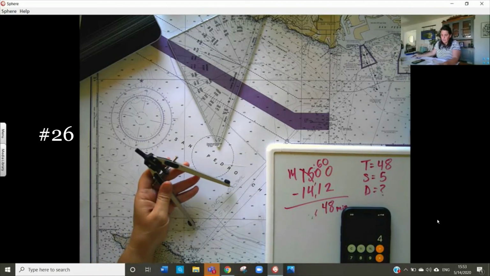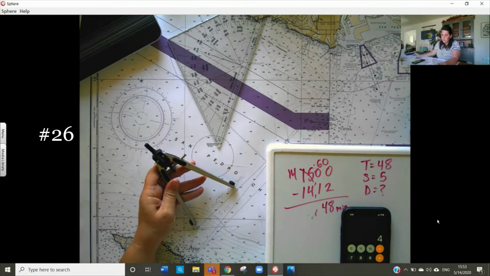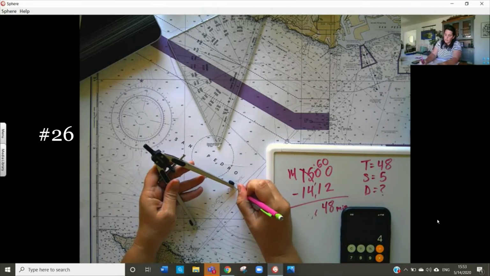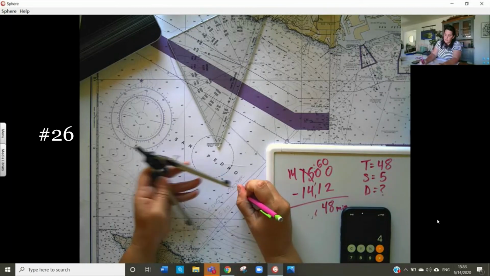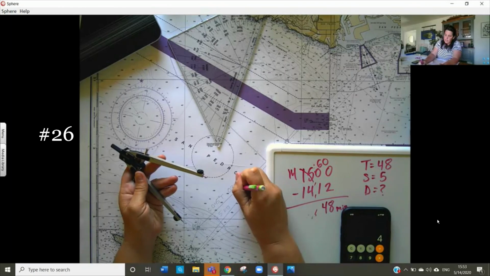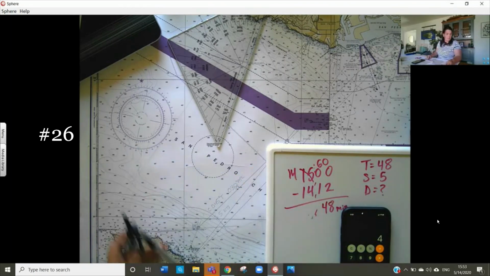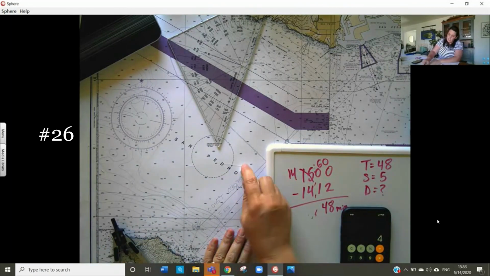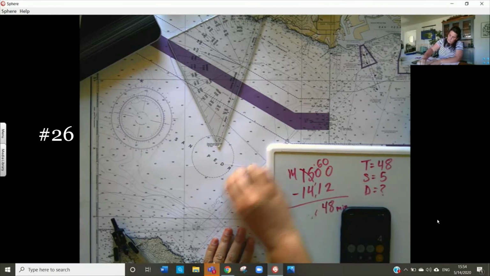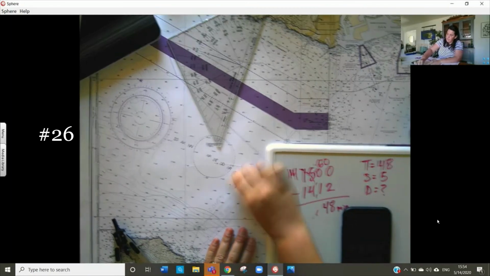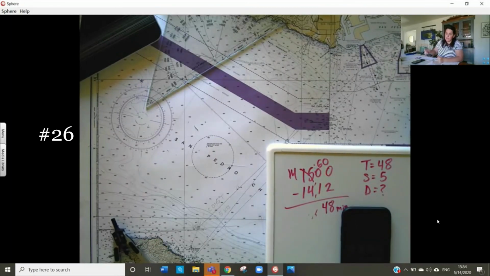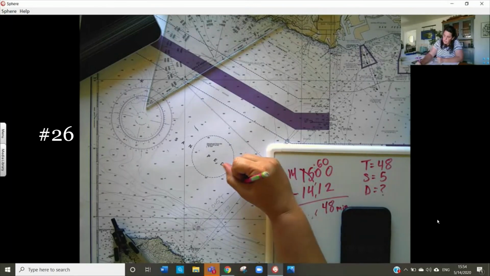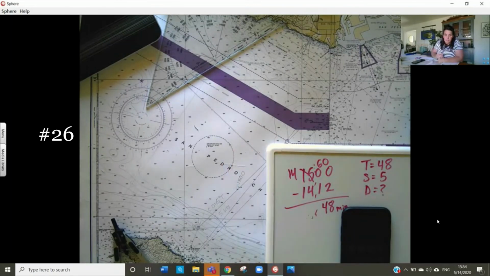So from our 1412 position, we mark where our 4 nautical miles are, and we say this is where we will be. I'm going to erase this, a little less confusing for us. So this is where we're going to be at 1500.